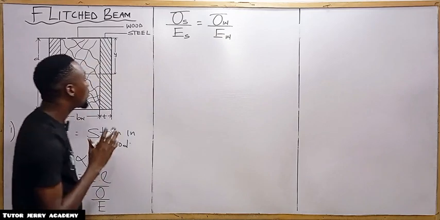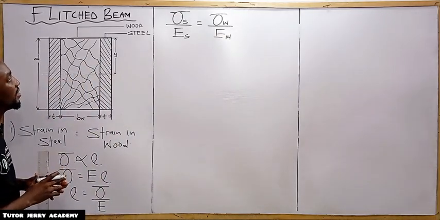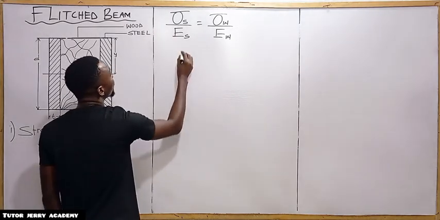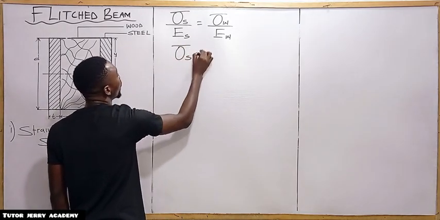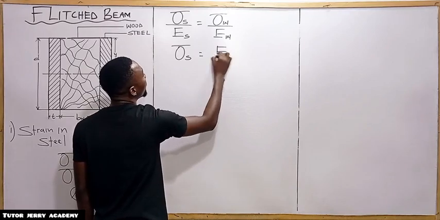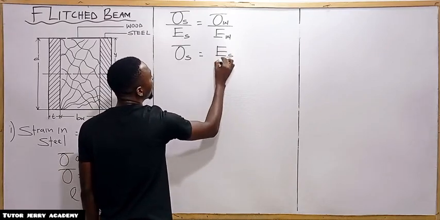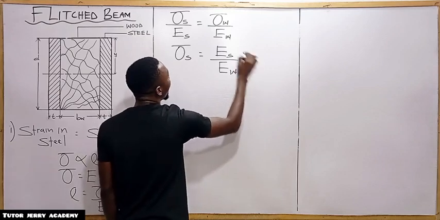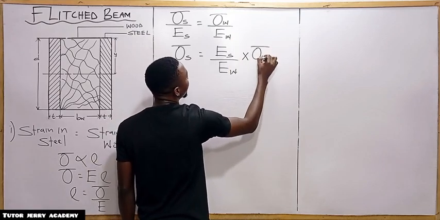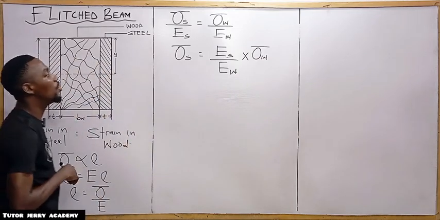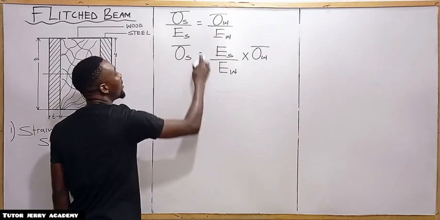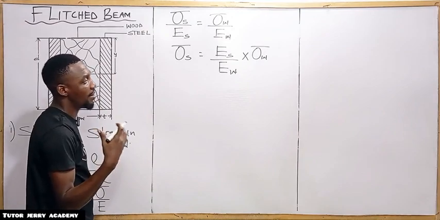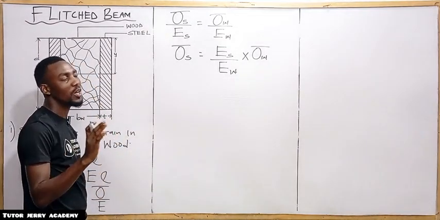All right. So the next thing you are going to take note of is this. If we make the stress in steel the subject, the stress in steel will be equal to the modulus of elasticity in steel over the modulus of elasticity in wood, multiplied by the stress in wood. You are going to note that we replace this ratio with M, and we denote M as the modular ratio.